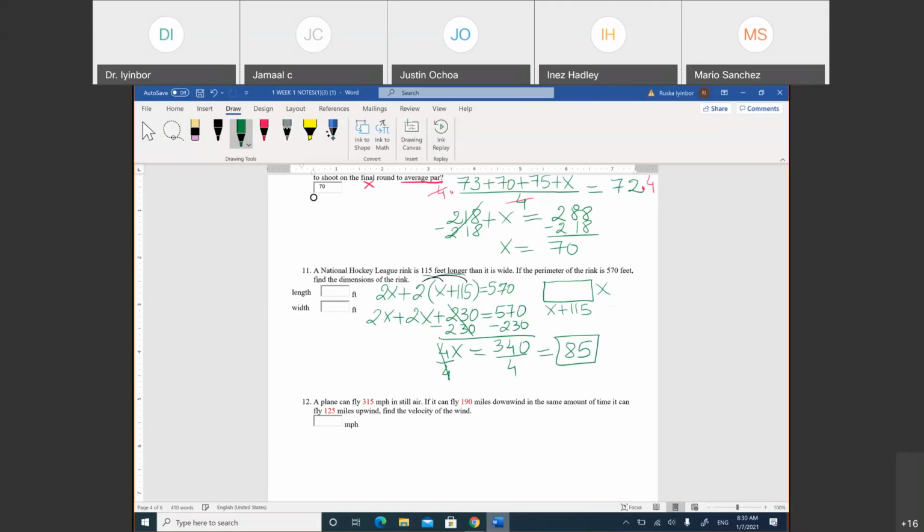That's the X, right? So the width is going to be 85. And then what is the length? The length is when you add 85 plus 115. That's how you get that. So 85 plus 115 is going to be 200.